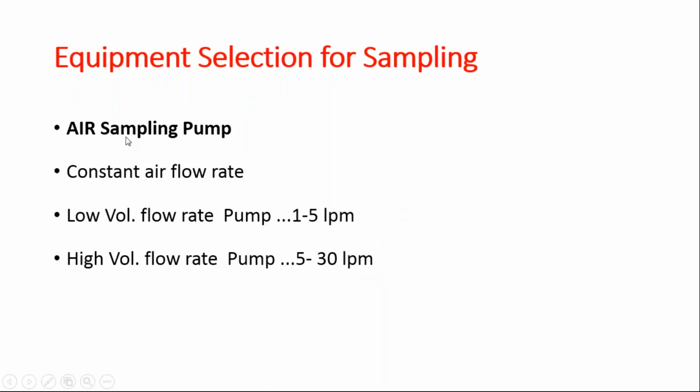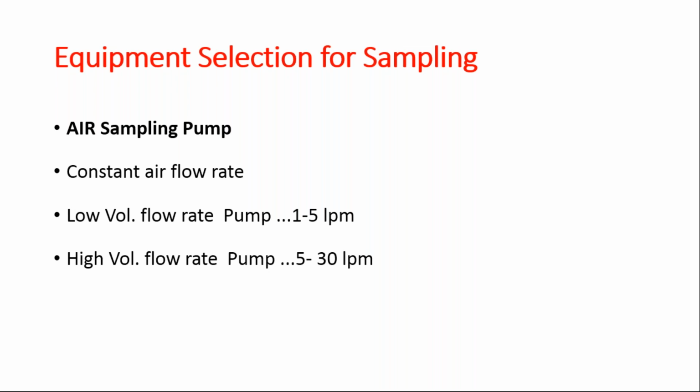Okay, air sampling pump. Now we discuss different types of sampling equipment. First one is the air sampling pump. Most people are familiar with the air sampling pump, in which there is an arrangement where a pump sucks the air and circulates it with a constant flow rate.